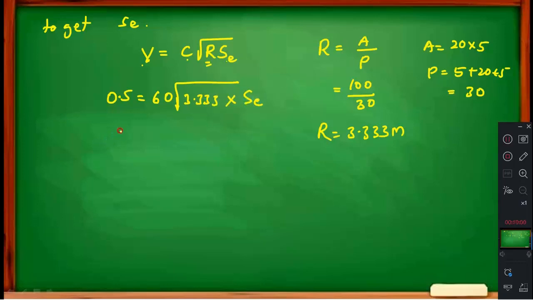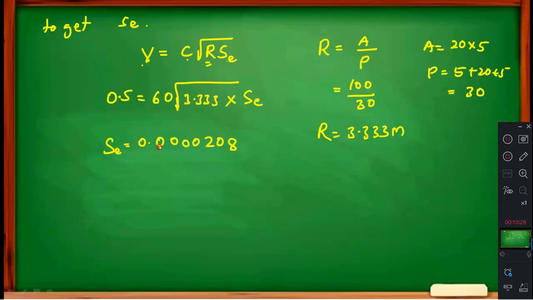Calculate SE: 0.5 divided by 60, squared, divided by 3.333. What you are getting for SE is 0.0000208.